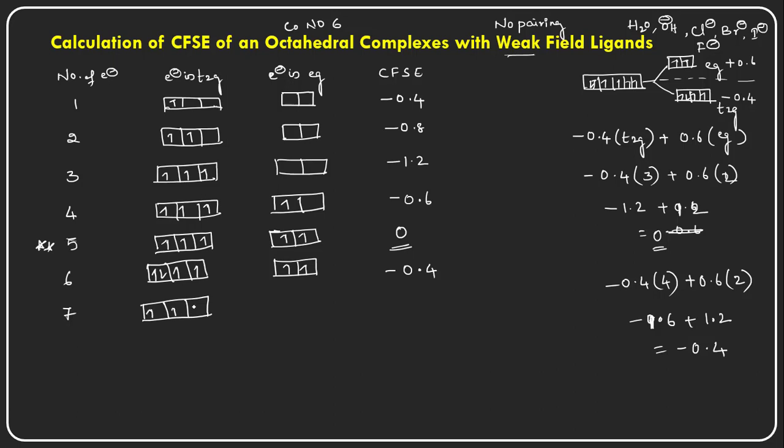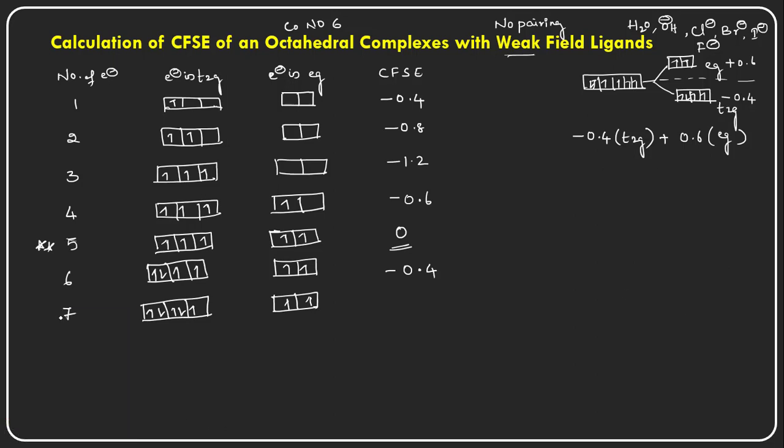And where will the seventh electron enter? Obviously in the lower energy level only. Now the pairing takes place from the sixth electron onwards. So each Eg orbital has 1 electron only. Now in the T2g orbitals, how many electrons are there? 3 plus 2, 5 electrons. So minus 0.4 into 5 electrons plus 0.6 into 2 electrons.